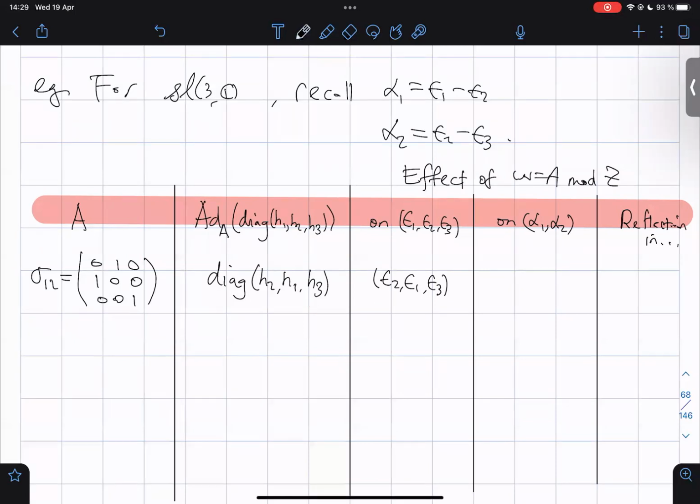But it's not too hard to see that you will just get that swap on the first two basic functionals. What is the effect on these guys? Well, we just induce it. We're going to get minus alpha 1 for the first one. For alpha 2, that will in fact be sent to alpha 1 plus alpha 2. And what we're getting is the reflection in alpha 1.